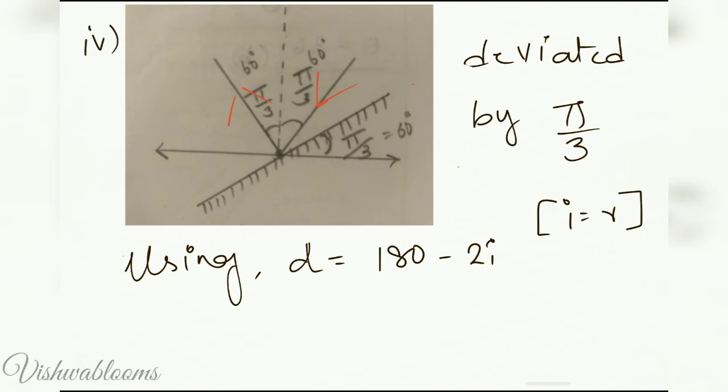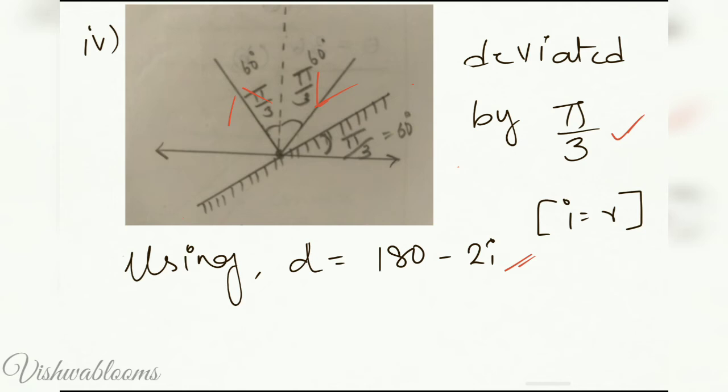Here he told that it is deviated by pi by 3 degree. We are using the formula D is equal to 180 minus 2i. Incident angle is always equal to reflected angle. Remember this, that's why I wrote it in the bracket.